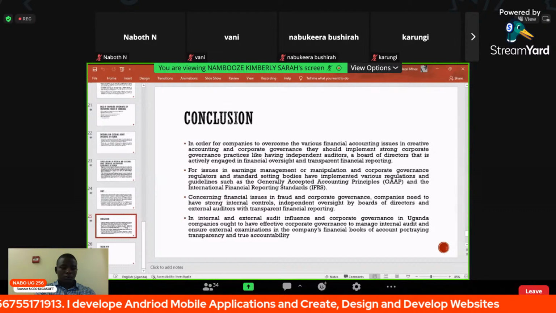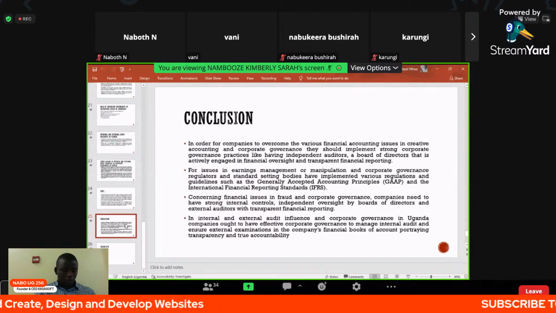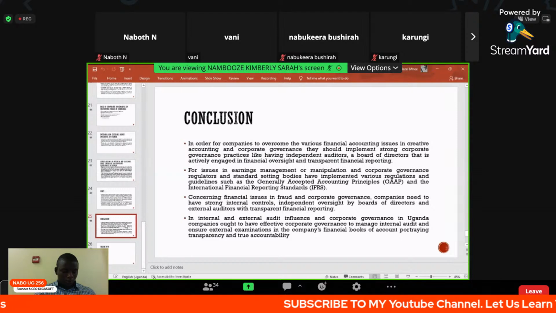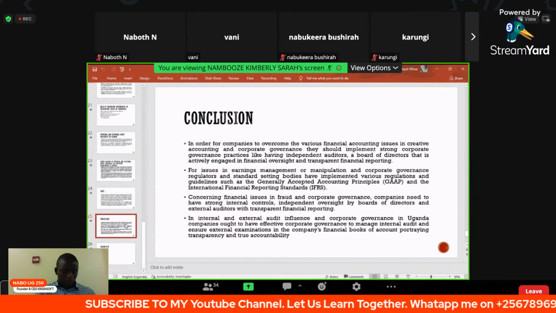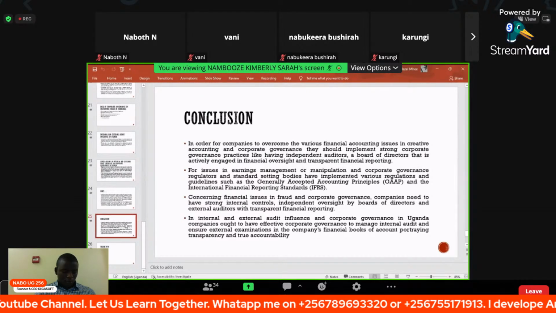Yes, in conclusion, in order for companies to overcome the various financial accounting issues in creative accounting and corporate governance, they should implement strong corporate governance practices like independent auditors, a board of directors that is actively engaged in financial oversight, and transparent financial reporting.